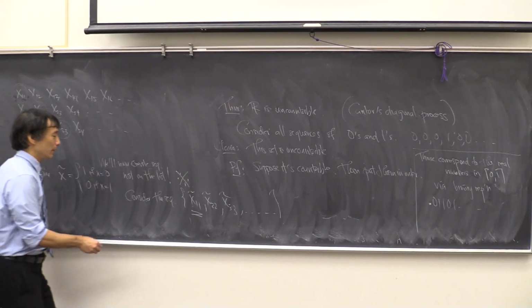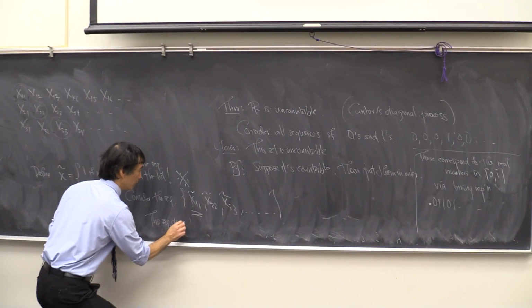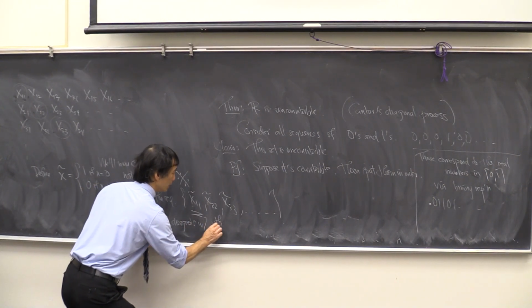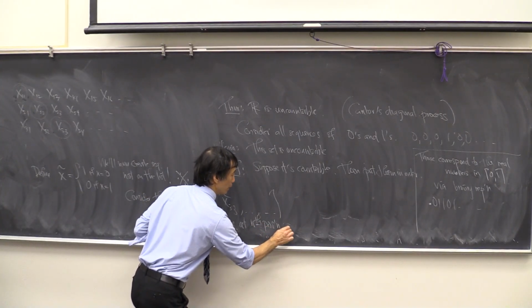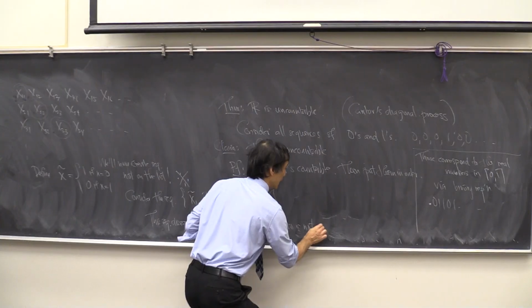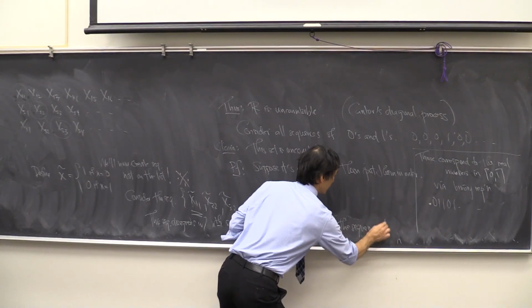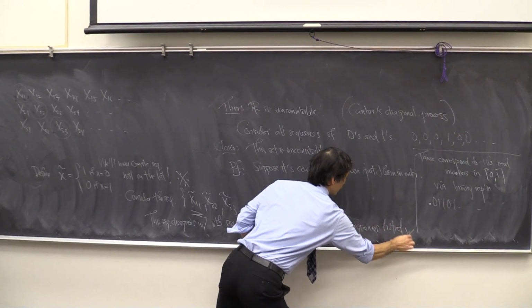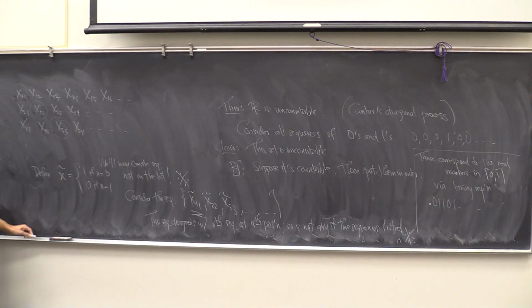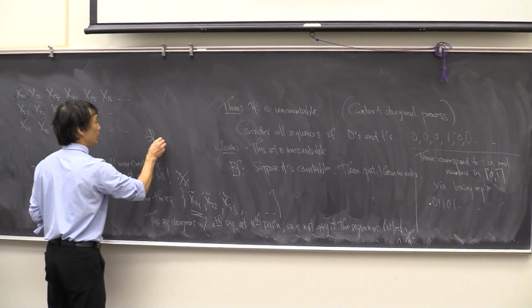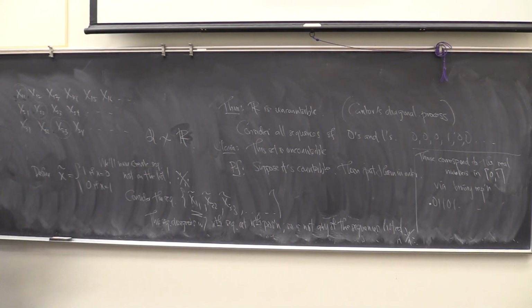This sequence disagrees with the nth sequence at the nth position, so it is not any of the sequences listed. Contradiction. So that's Cantor's diagonal argument. In other words, the set of sequences does not have the same cardinality as the natural numbers, so R is not countable.